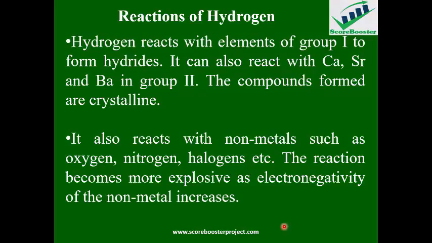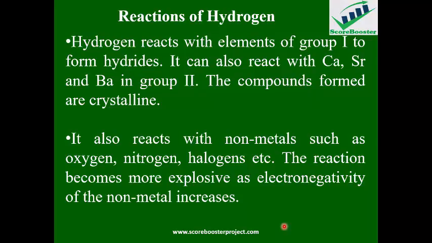There are times that we have hydrogen reacting with a non-metal, such as oxygen, nitrogen, and the halogens. There are some other non-metals that can react with hydrogen. Their reaction is very, very important, and again, it becomes more explosive as the electronegativity of the non-metal increases.